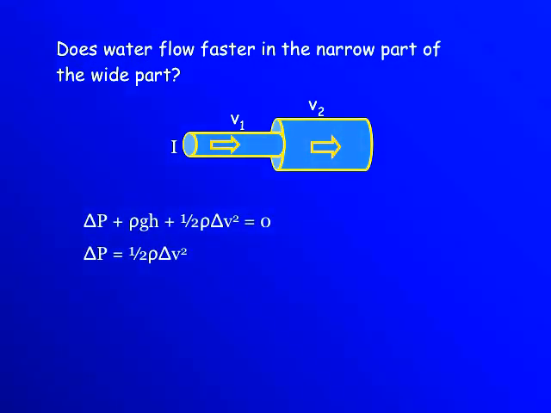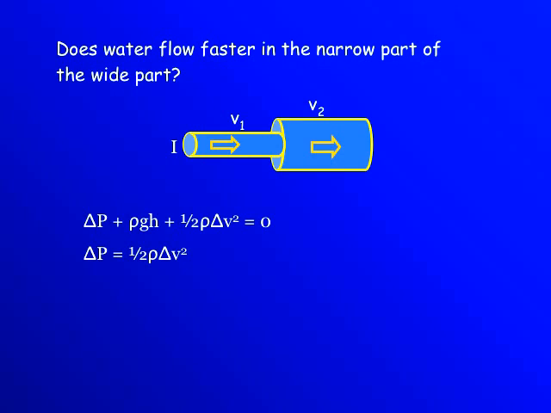But if it's changing its speed, it must be changing its kinetic energy. So going from tube 1 to tube 2, we can examine the energy differences. There's a difference in kinetic energy. Since V1 is greater than V2, the kinetic energy in 1 is greater than in 2. So there's a kinetic energy decrease from tube 1 to tube 2, with kinetic energy density 1/2 rho v squared.